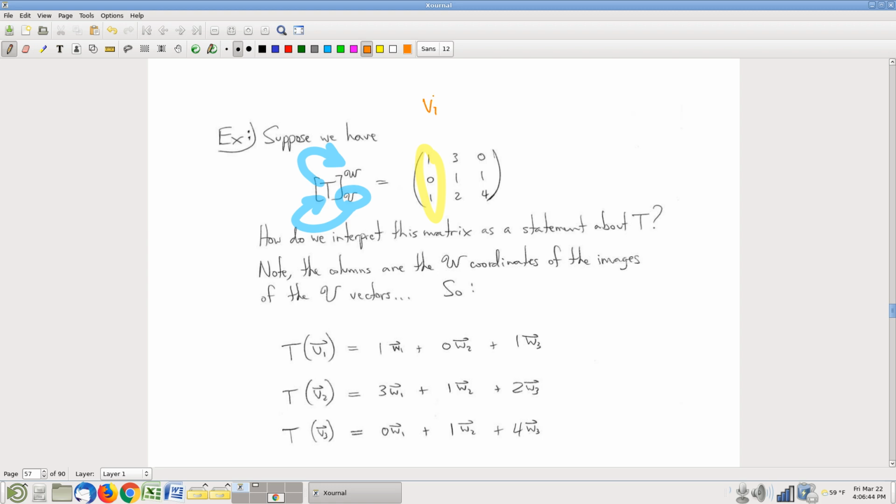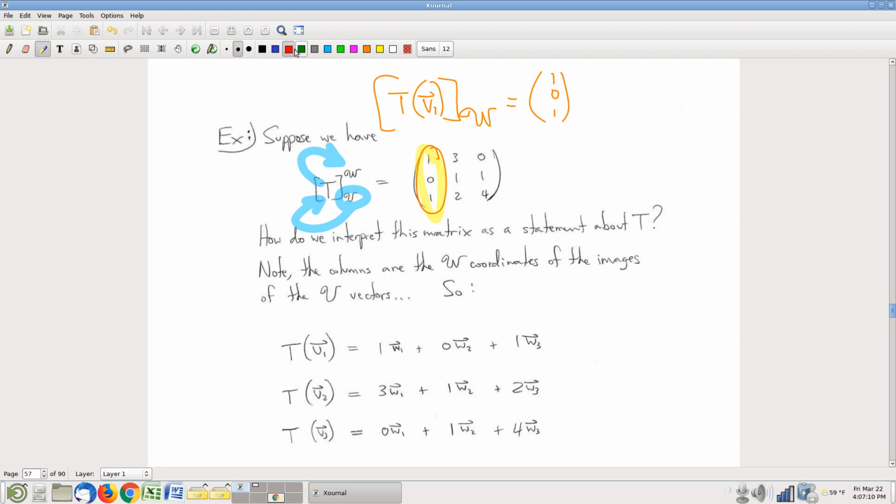Starting with the first input vector, V1, doing T to it, and then writing the output in W language. And then I make the innocent observation that, of course, this statement equals 101, so that's where this 101 came from.